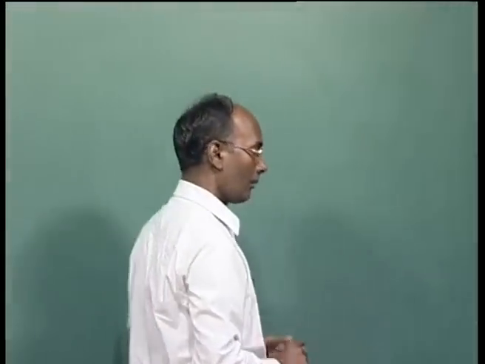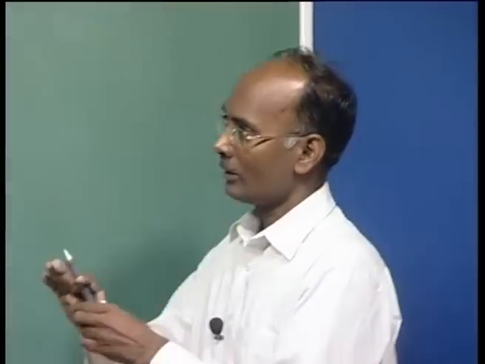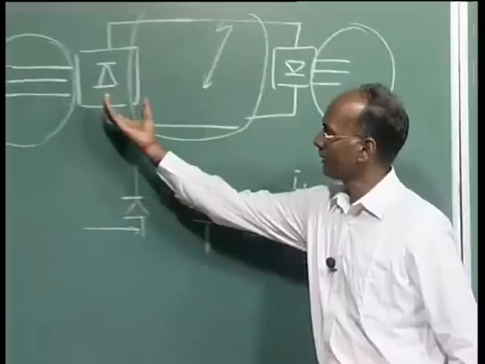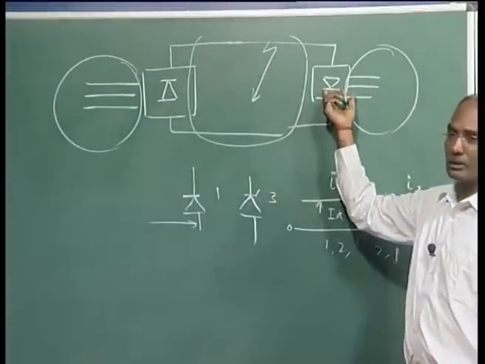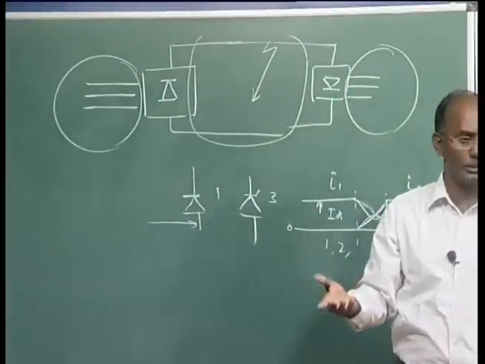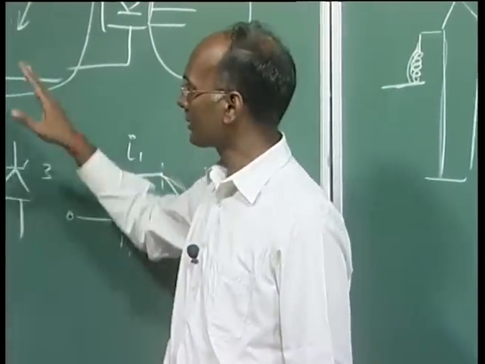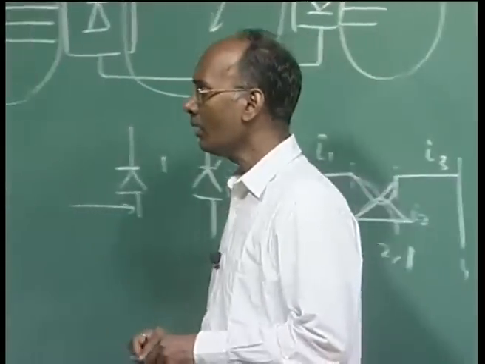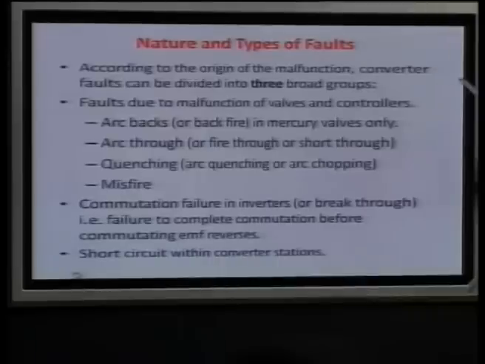Now, my concern in this lecture is that we have to consider basically this problem, either at the rectifier end or the inverter end, and then what are the various possibilities of failure in this converter station. So, according to the origin of malfunction or maloperation, the converter fault can be divided into 3 categories.